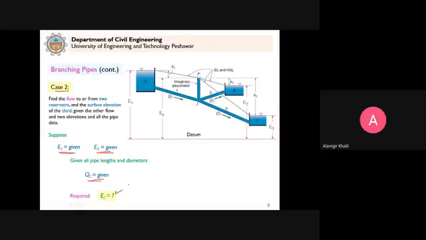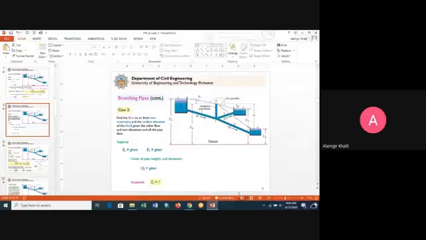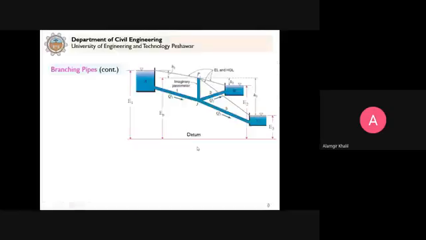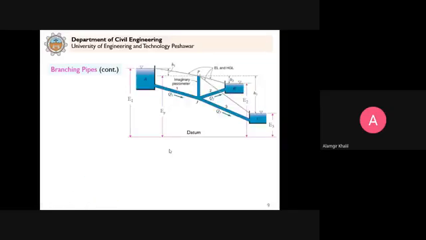So now, in this case, how do we proceed to solve the problem? We have to assume the value of EP because we don't know the exact location of EP. Then in that case, we can calculate H1 and H3 using these relationships that we developed earlier.